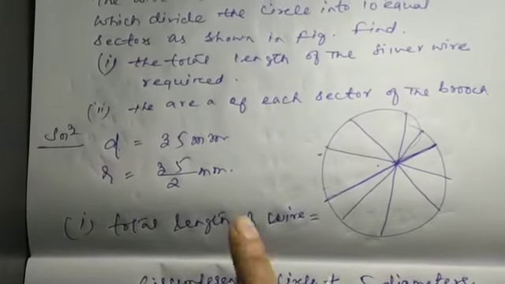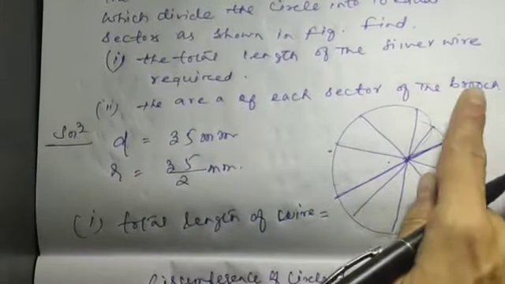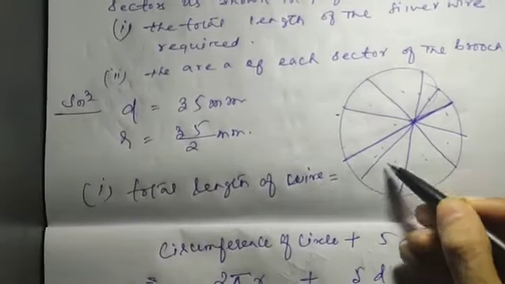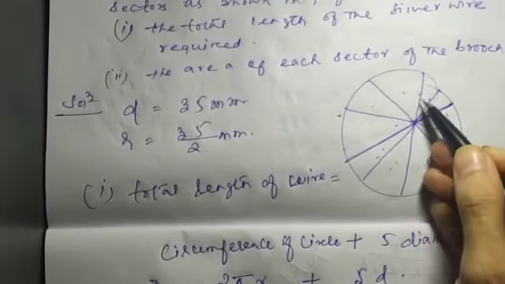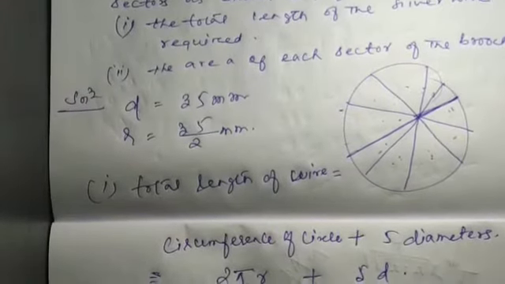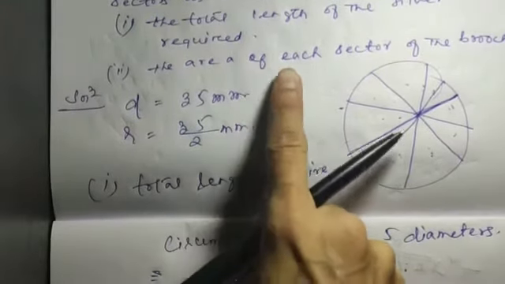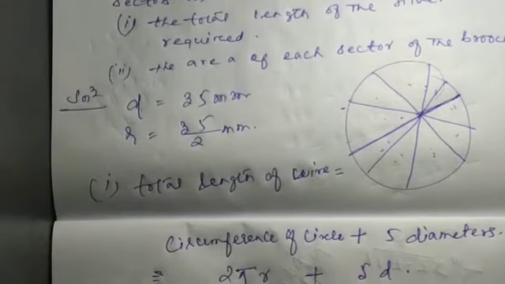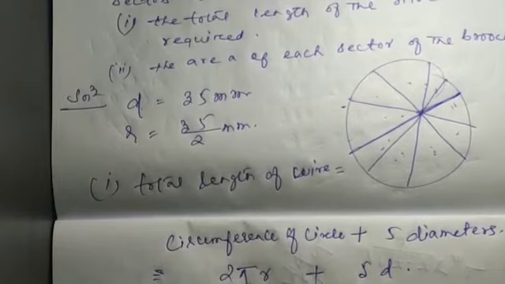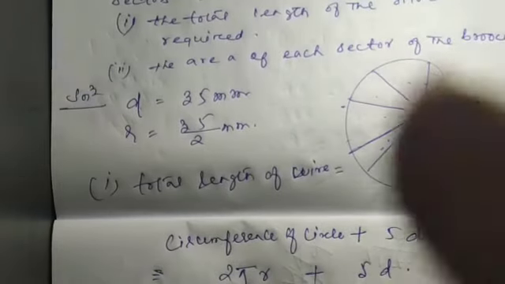Okay, now what is the next question? The next question here is the area of each sector of the brooch. How many sectors can we see? 1, 2, 3, 4, 5, 6, 7, 8, 9, 10. 10 sectors are there, right? So we are asked to find out the area of each sector. Let us find out the area of each sector.